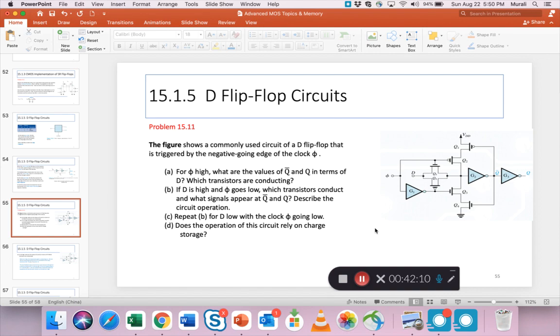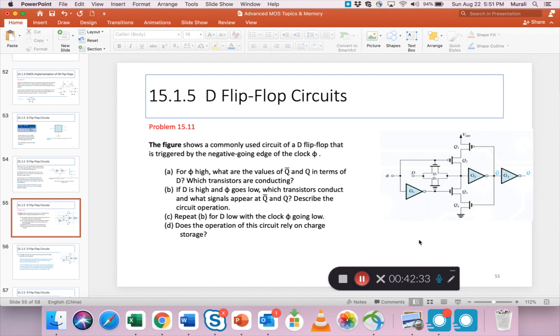Mostly they revolve around how you calculate the W by L ratios, and also how you calculate the width of the pulse necessary, the set or reset pulse, how wide it should be to be able to do the flipping and flopping. That means to change state. So focus on that.